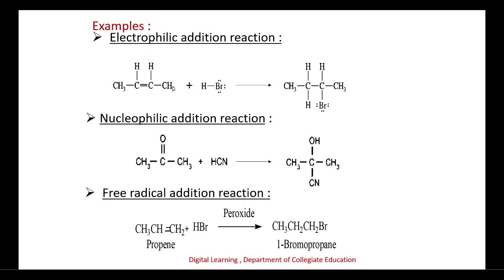For example, when 2-butene is treated with HBr, it results in the formation of 2-bromobutane. So this is an example of an electrophilic addition reaction.